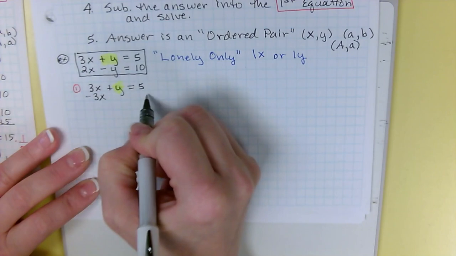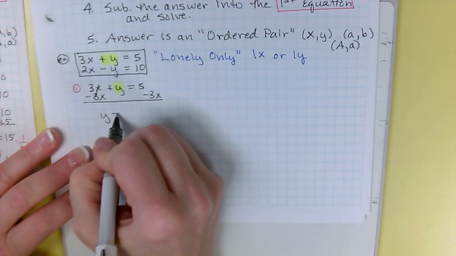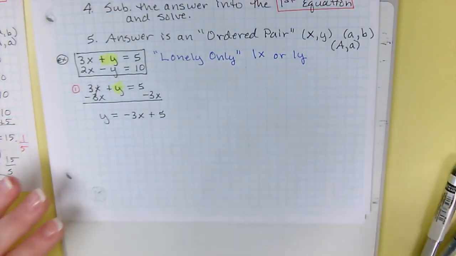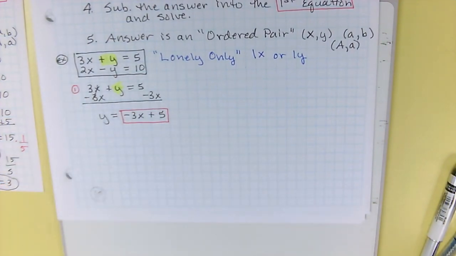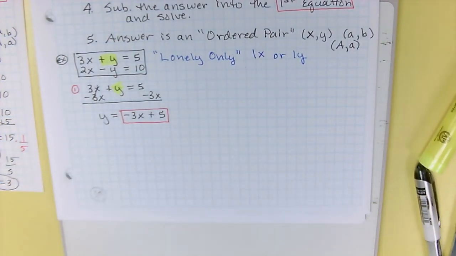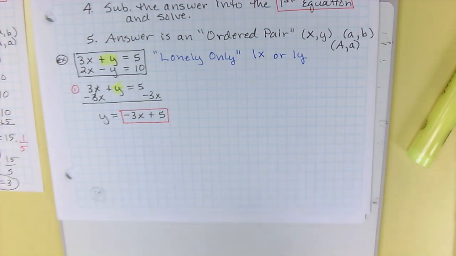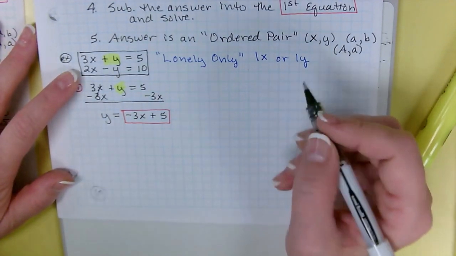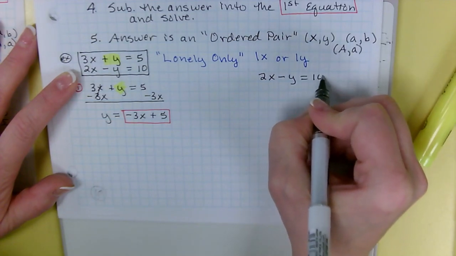We're going to subtract 3x over to the right, and we get y equals negative 3x plus 5. Put a box around the right-hand side. So you've done step 1. You've solved one equation for one variable. We've solved for y. Okay, go ahead and write your second equation over here on the right-hand side, which is the one we didn't use. So 2x minus y equals 10.